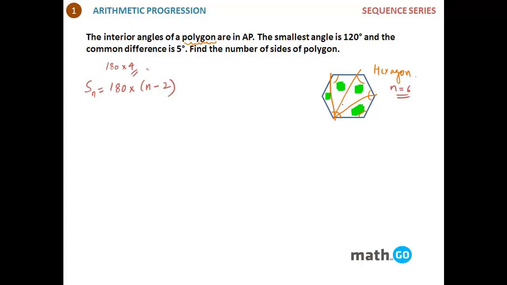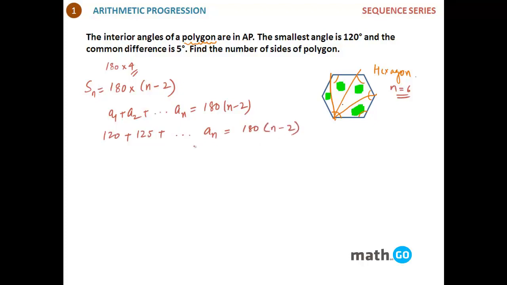This is the sum of interior angles of a particular polygon, which we will be using. Now what we are given is that there are n angles, because there are n sides, and all angles are in AP, with the smallest being 120. So this series is something of this sort, right? And it is given that the smallest angle is 120, and the common difference is 5. So this is how the series turns up till an, and the sum is 180 times n minus 2.